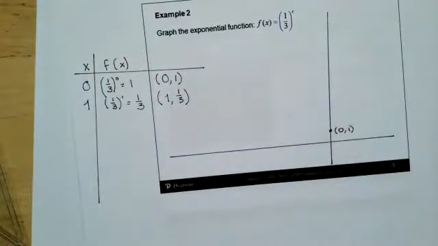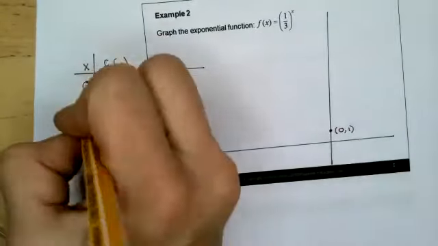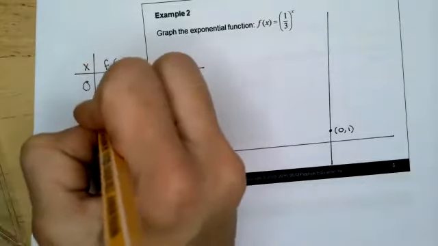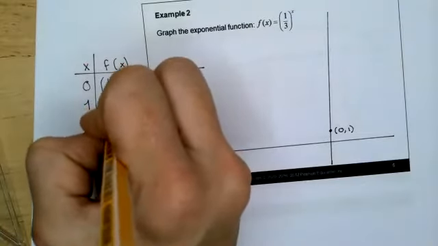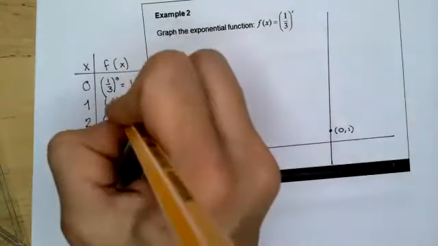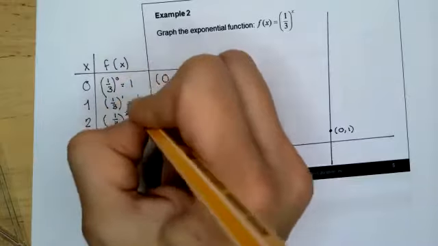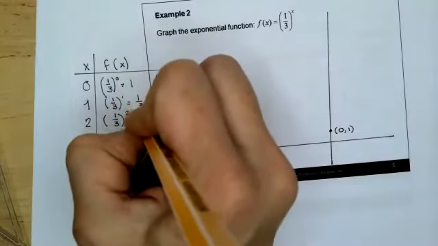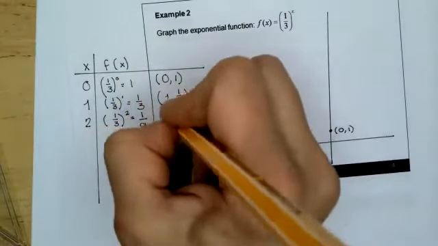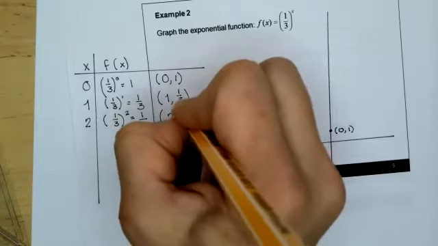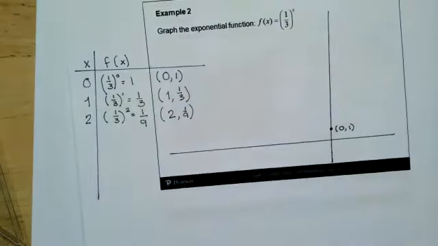So when x is 1, y is going to be 1/3. If I raise 1/3 to the second power, 1 squared is 1, 3 squared is 9, so it's 1/9. So the next point is (2, 1/9).